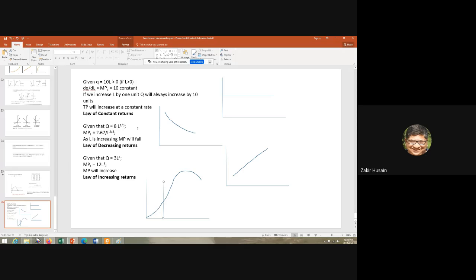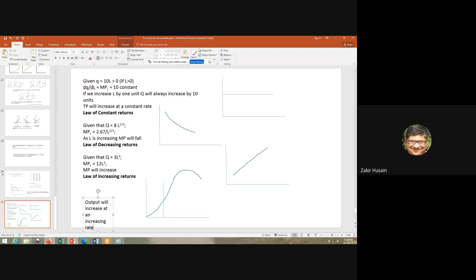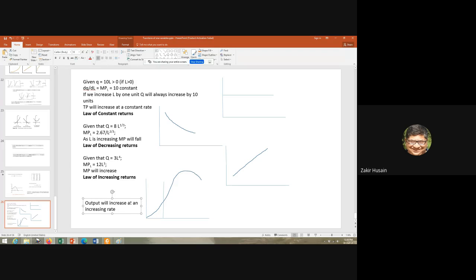Initially, as labor is increasing throughout the entire range, output is going to go up. Here, however, output is going to go up at an increasing rate. So this is the first phase.